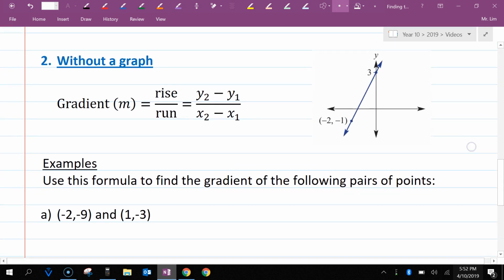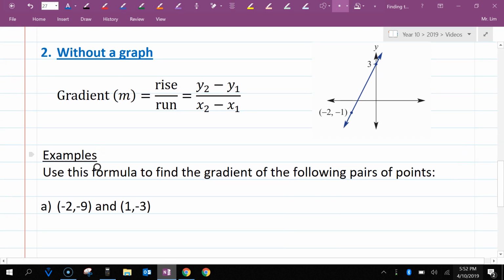What about if we didn't have a graph? If we didn't have a graph, we would use the formula m is equal to y2 minus y1 over x2 minus x1. Now you might be wondering, why is it y2 minus y1 on the top? Well, if we have a look at this, the y's are on top because rise is on the top.